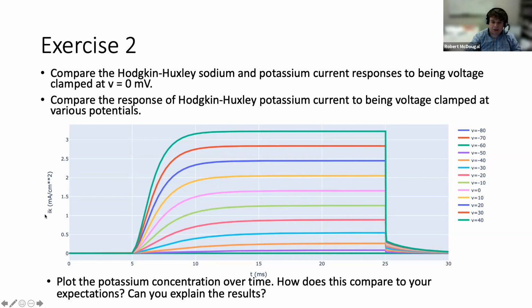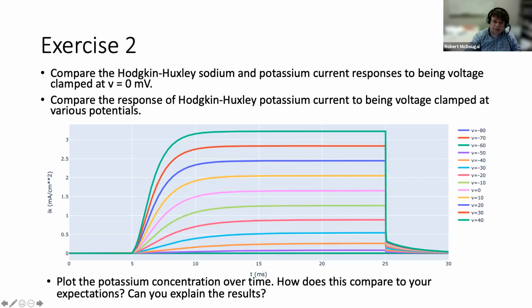What about sodium current? How do they evolve over time for a given voltage? You can plot that and look at this. Here's when I did it at various voltages. I found that the potassium current looked like this. It ramps up slowly, almost like a sigmoid, and then it levels off until such time as I release the voltage clamp, at which point the current decays, but it's not instantaneous.